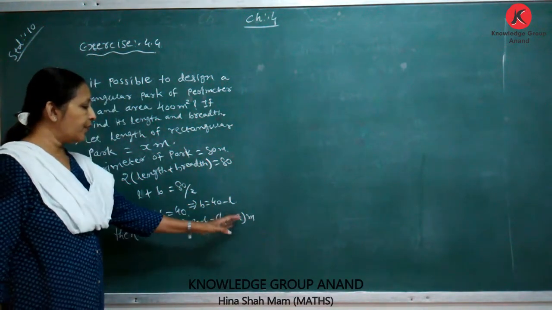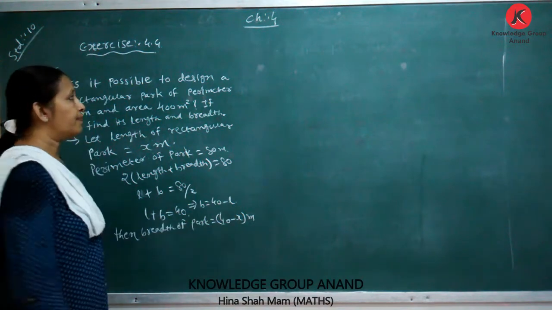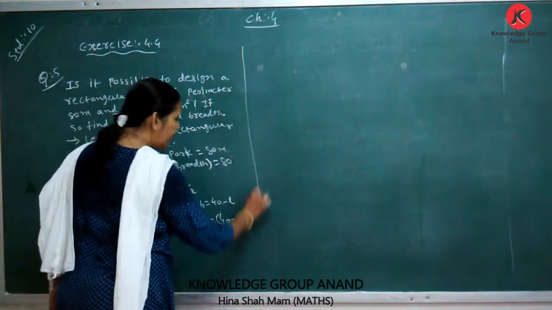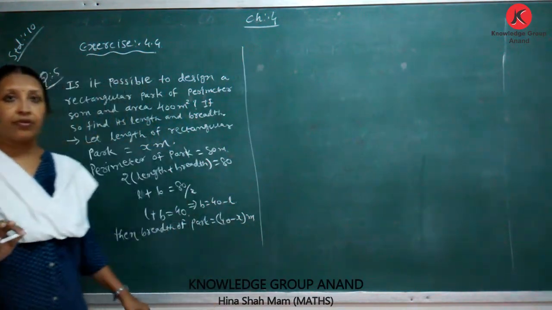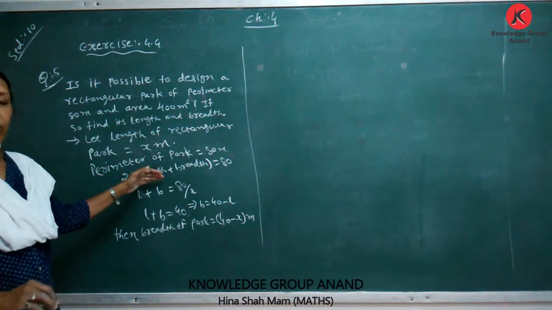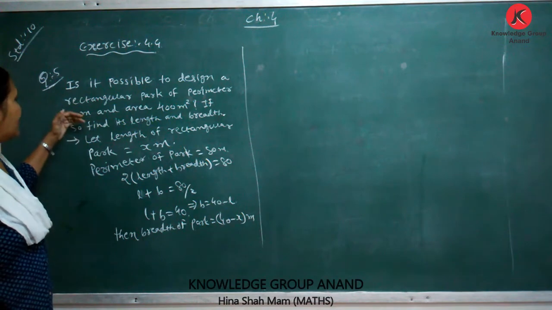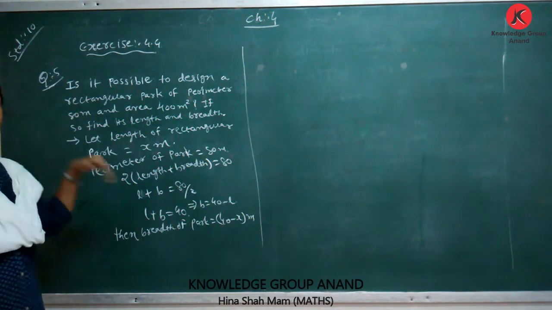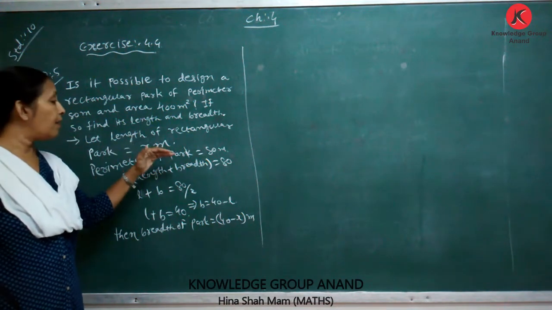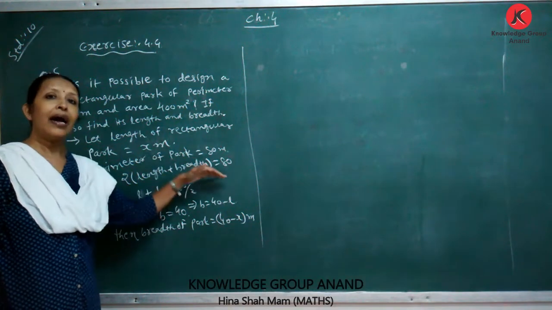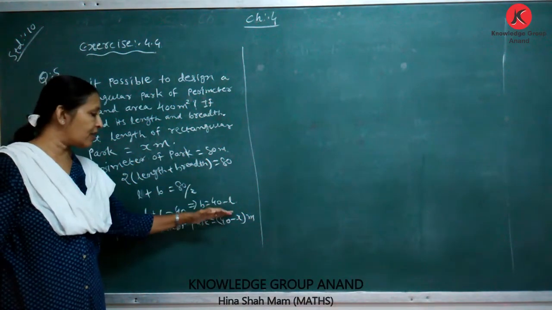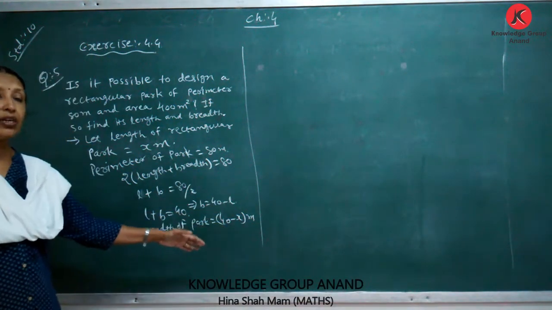Breadth is equal to 40 minus x meter. Okay. We get length, assume length x. Information given that perimeter is equal to 80 meter. Then we use formula of perimeter and we get breadth is equal to 40 minus x meter.